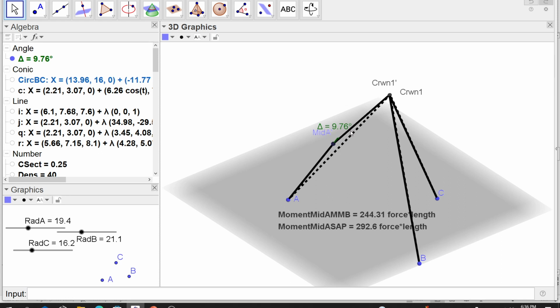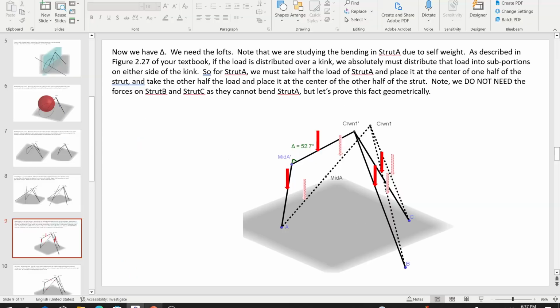Now, what about the other loft on stick A? Those must be here, and you cannot just put all of the load on the kink here. In the book, in chapter 2, anytime you have a kink, you must proportion the load to either side of the kink, and that's exactly what I did here. So I took half of the load of strut A and put it on the quarter point, or half of the half.